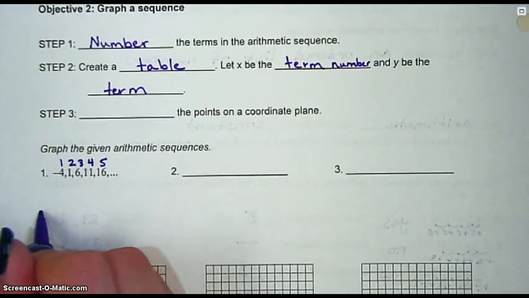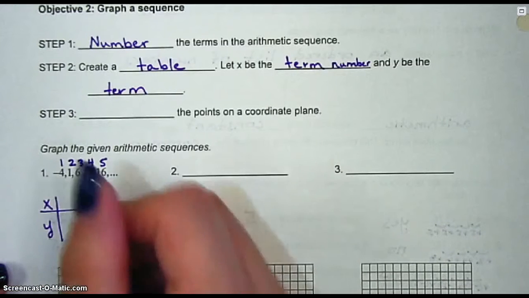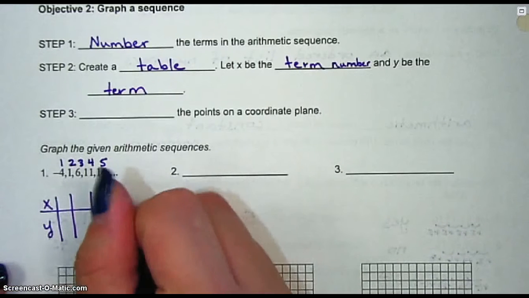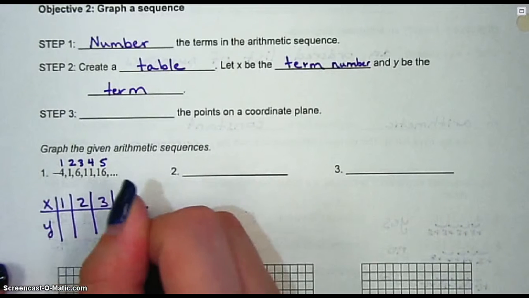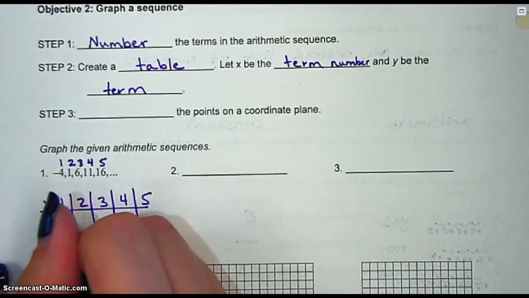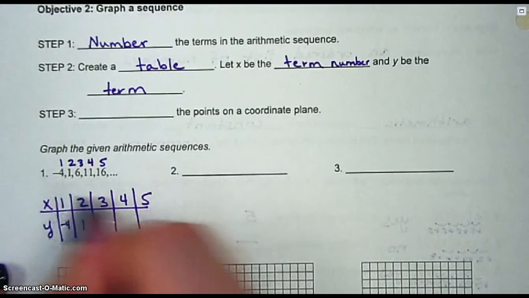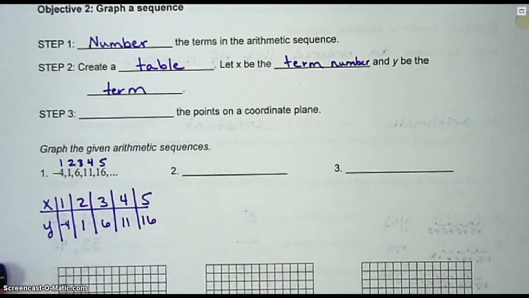I'm going to make this a horizontal table. So X and Y. I have 5 terms. The X is the number we put on top. That's why I put it on top. The Y is the term. Negative 4, 1, 6, 11, 16.